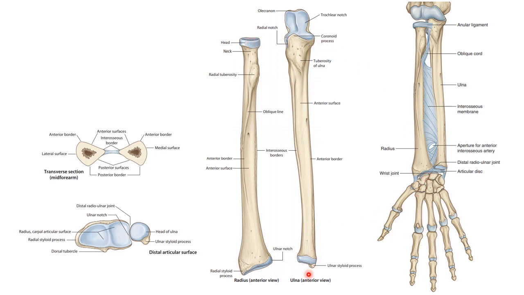This is formed by the head of the ulna medially and the ulnar notch on the medial aspect of the distal radius. The type of these joints is pivot, as we know. At this joint we have the movements of pronation and supination that we will discuss later.